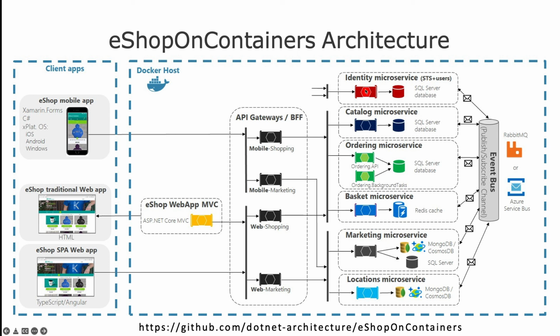We cannot, for example, access the catalog database directly from the identity microservice code or vice versa. We cannot access the order from the basket, or from the catalog. If we want to share information or data between different microservices, there are some patterns that can be used, such as event bus or the pub-sub design pattern, to publish information and to react to the events published by other microservices.